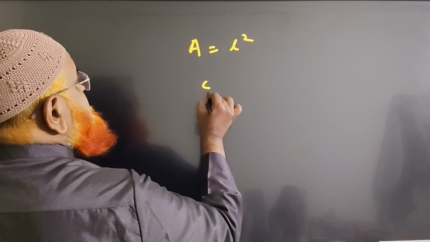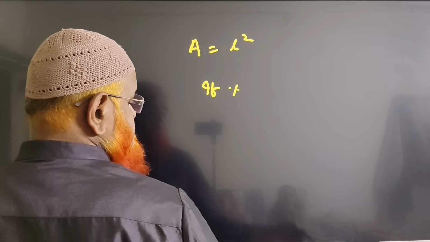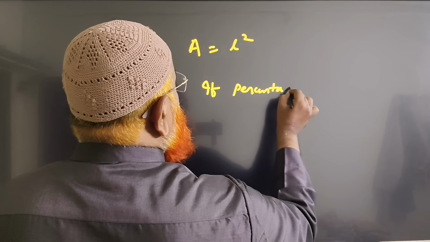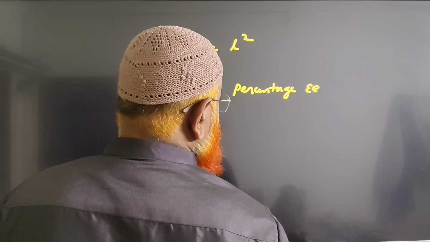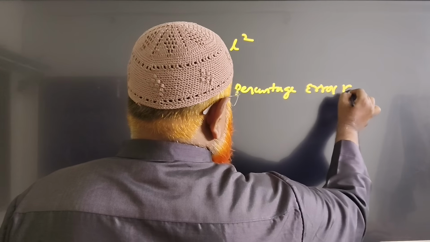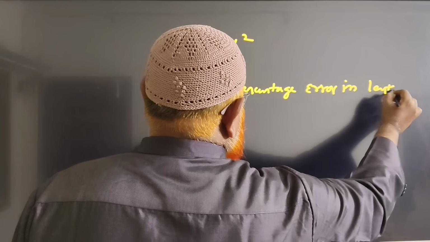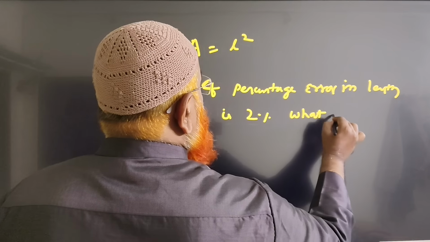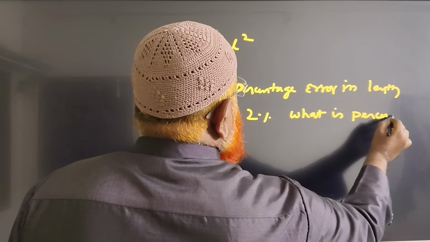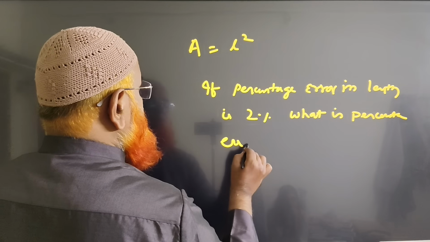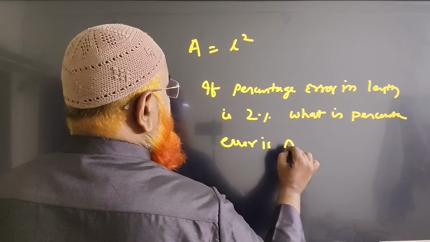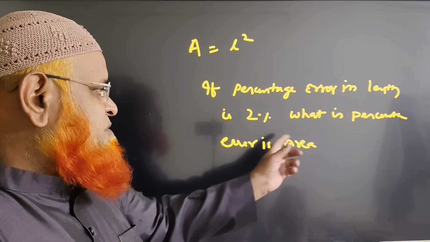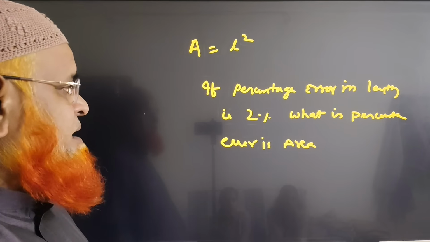So here, if percentage error in length is 2%, what is the percentage error in area? He is asking like this. If percentage error in length is 2%, what is the percentage error in area?